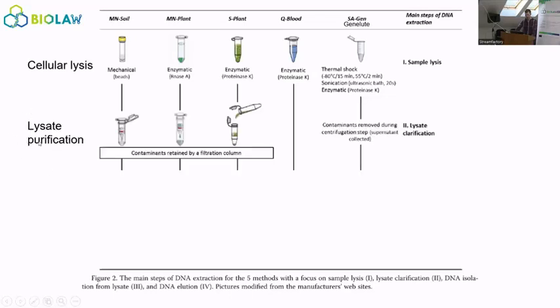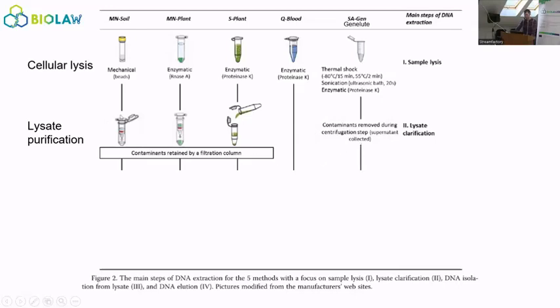The second step is the lysate purification. For these first three kits, the contaminants are retained with the filtration column that Clarisse also showed us before. For the blood kit, there is no column filtration, and for the GenElute, contaminants are removed during the centrifugation step.